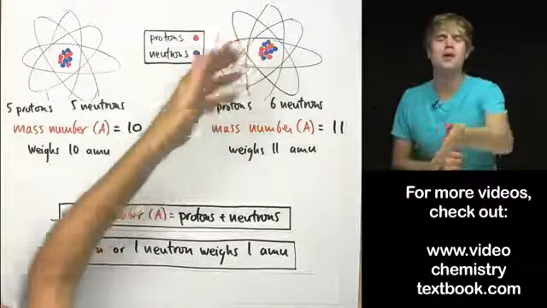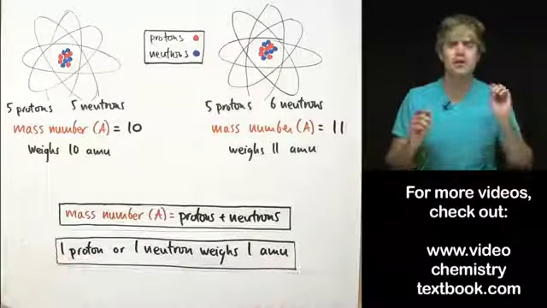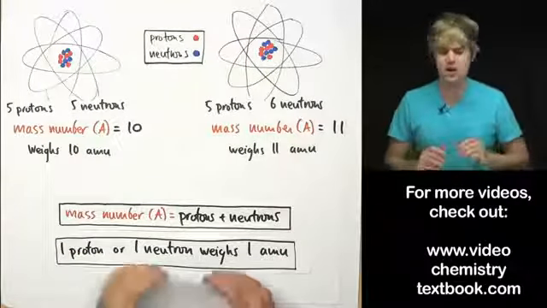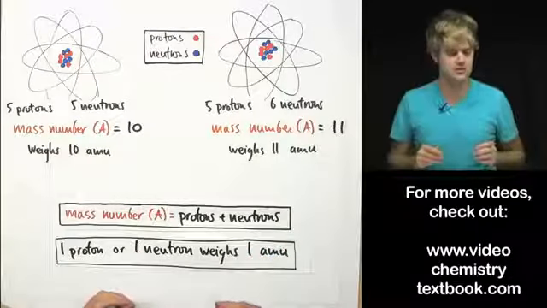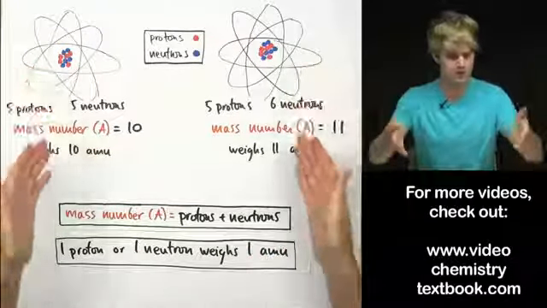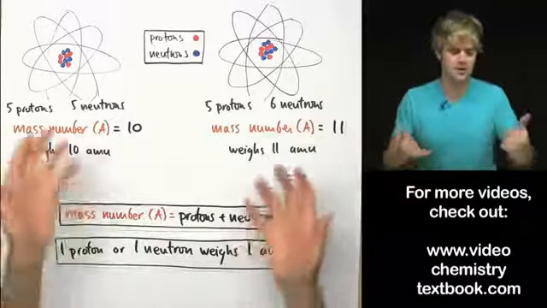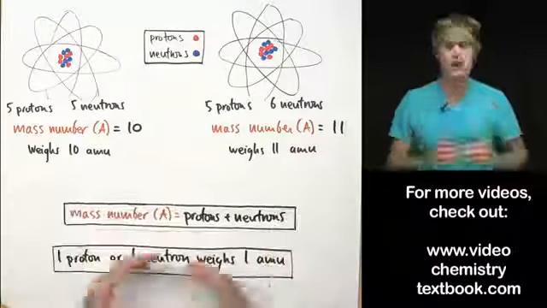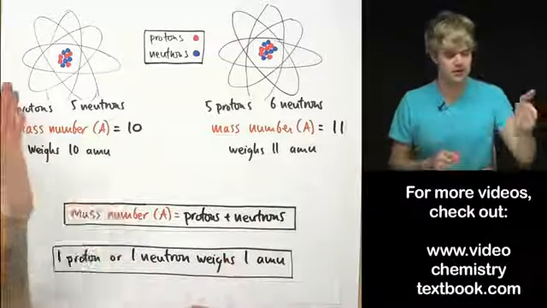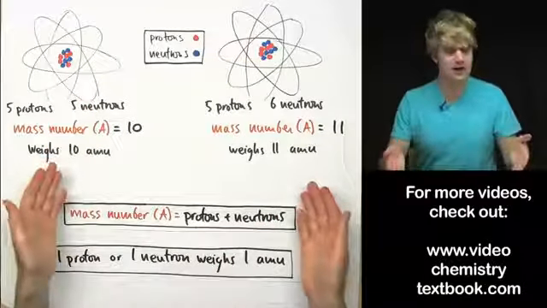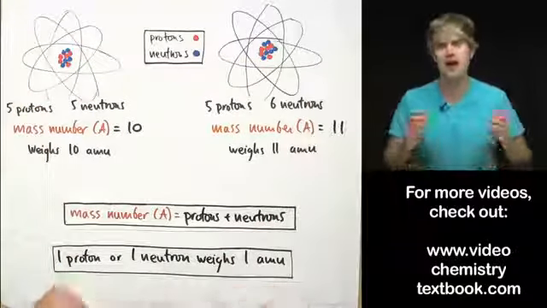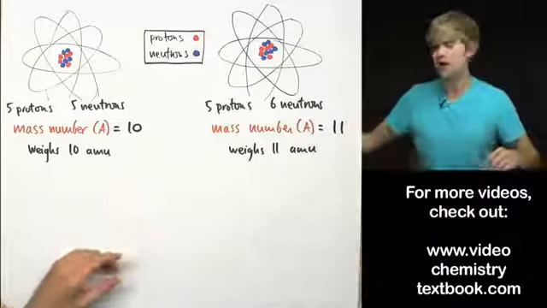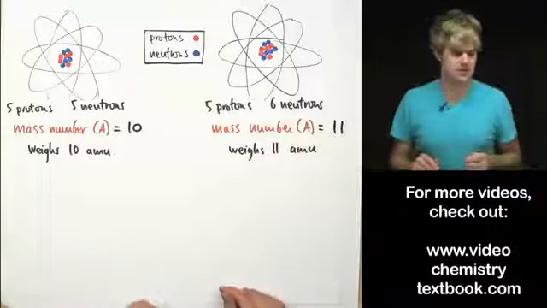These atoms both have electrons, but electrons are so tiny and have such a small amount of mass that we don't worry about the mass of electrons when we're determining how much the larger atom would weigh. So 10 AMU, 11 AMU. That's mass number: protons plus neutrons, and it gives you an idea of how much the atom weighs in AMU.